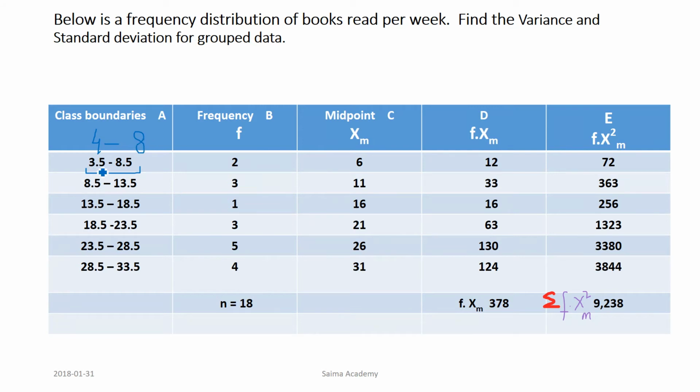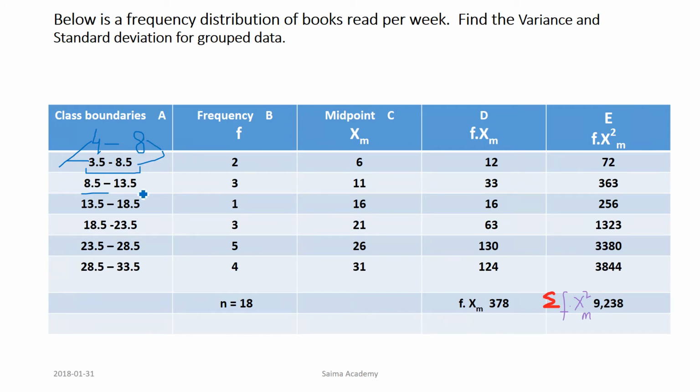How do I say 4 to 8? Because boundaries are always 0.5 less than the lower class limit. If I subtract 0.5 from 4, you will get 3.5, and this is called the lower class boundary. This is the upper class boundary, and for the upper class boundary you add 0.5 to the upper class limit, so 8.5.